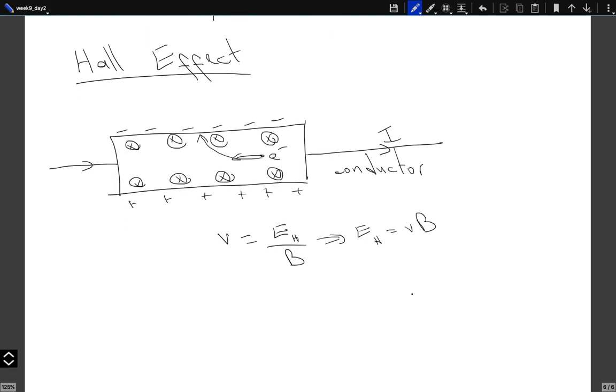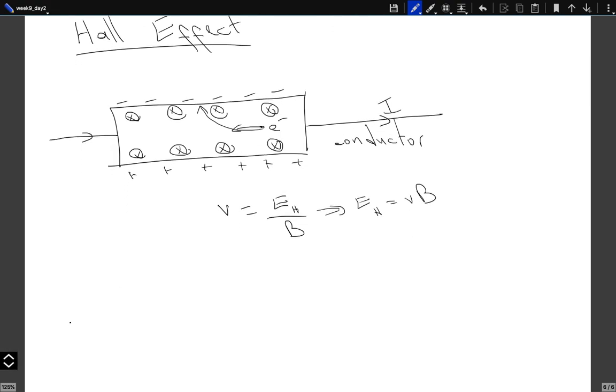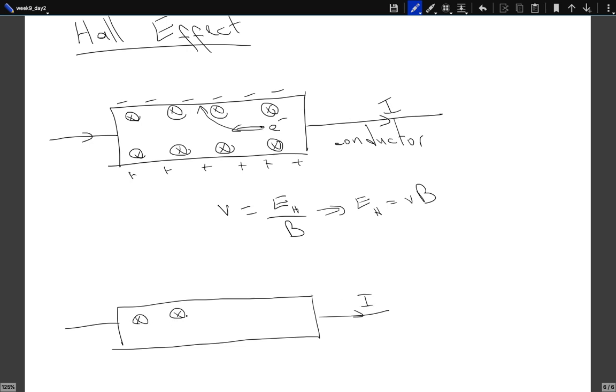Now let's consider another conductor. Let's say exactly the same setup. But this time, let's assume that the charge carriers are not electrons, but some positively charged objects. So the current is running in that direction.